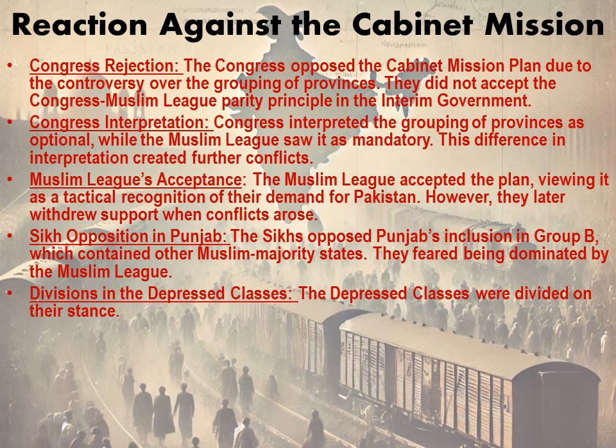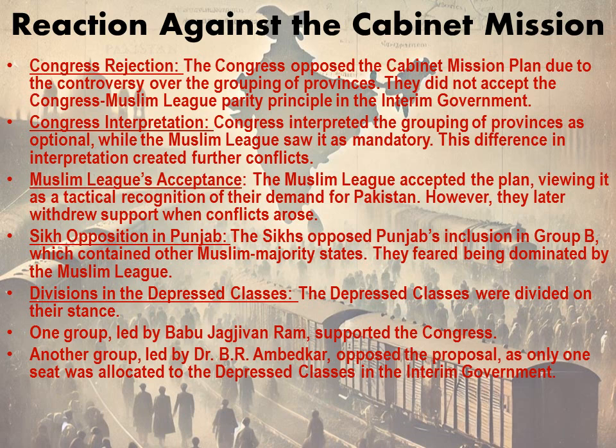Division in the depressed classes. The depressed classes were divided on their stance. Depressed classes means the less fortunate classes of Indian people. So there were two groups of depressed classes. One group was led by Babu Jagjivan Ram, which supported the Congress, and the other group was led by Dr. B.R. Ambedkar, who opposed the proposal as only one seat was allocated to the depressed class in the interim government.